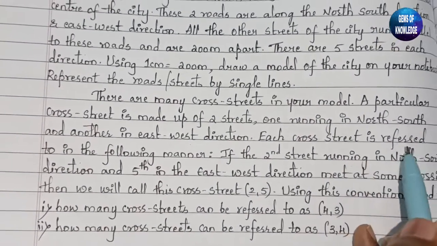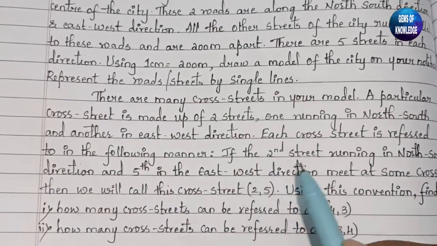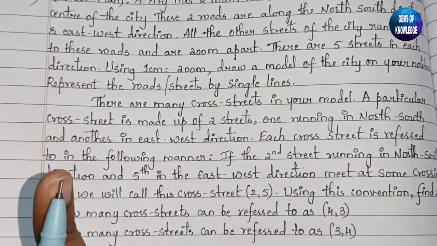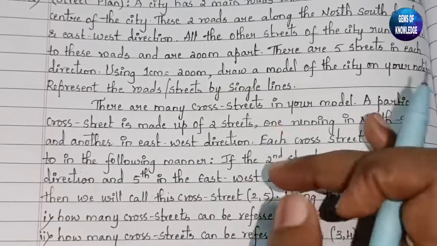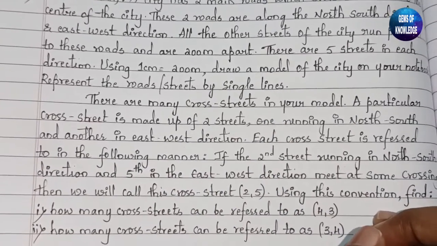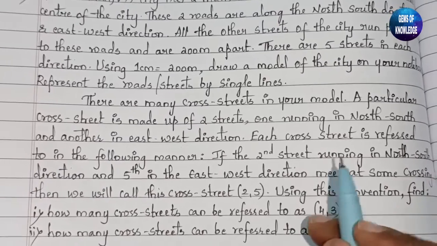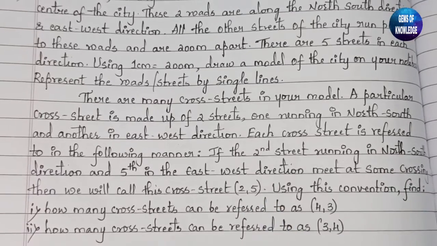Each cross street is referred to in the following manner. Suppose they have given an example. If the second street running in the north south direction, and the fifth in the east west direction, they meet at some crossing, then we will call this cross 2,5.